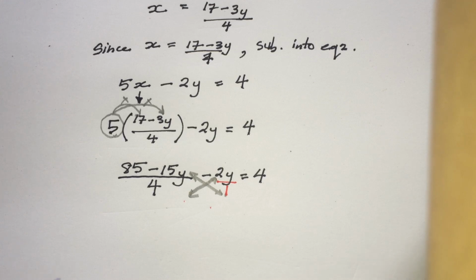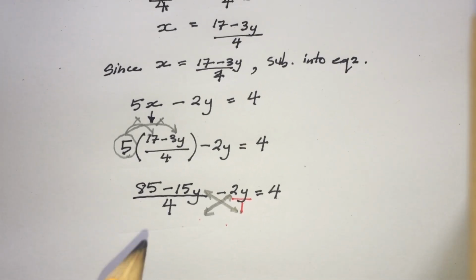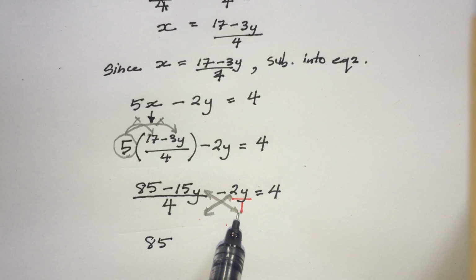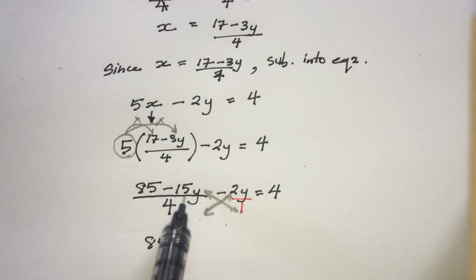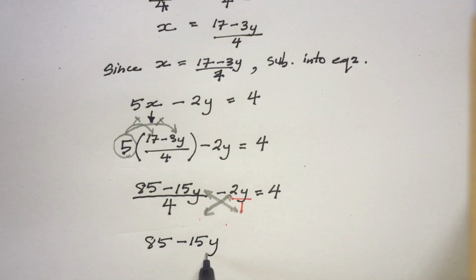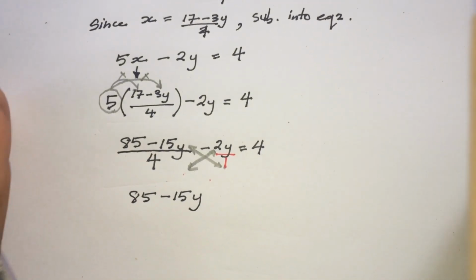So we're going to see 1 times 85, that will give us 85. And 1 times negative 15y will give us negative 15y. Good. So that takes care of that part.